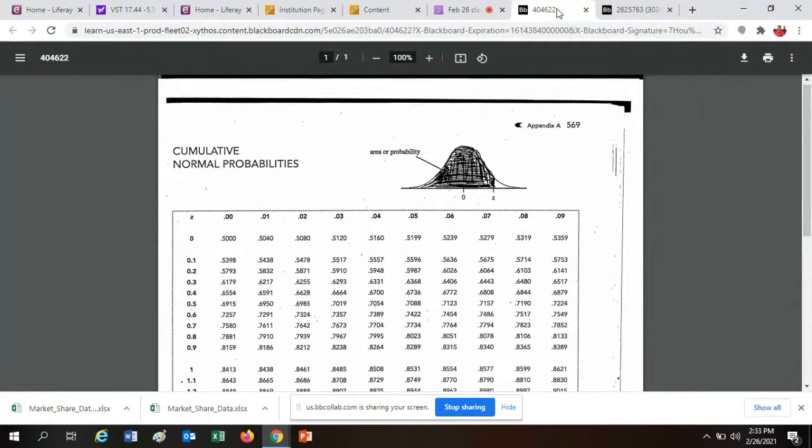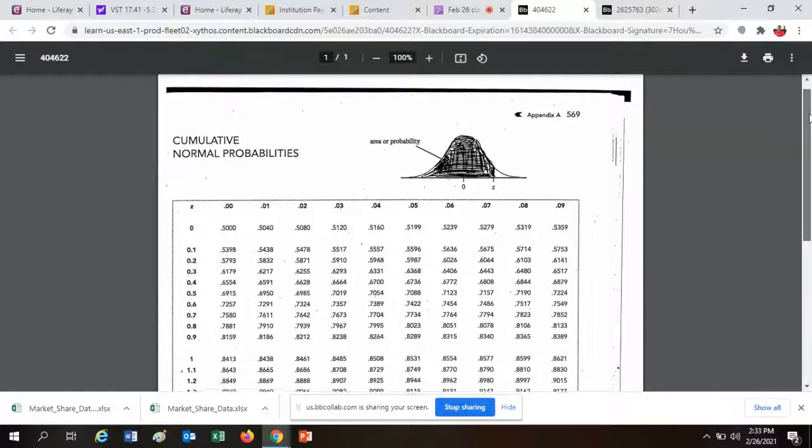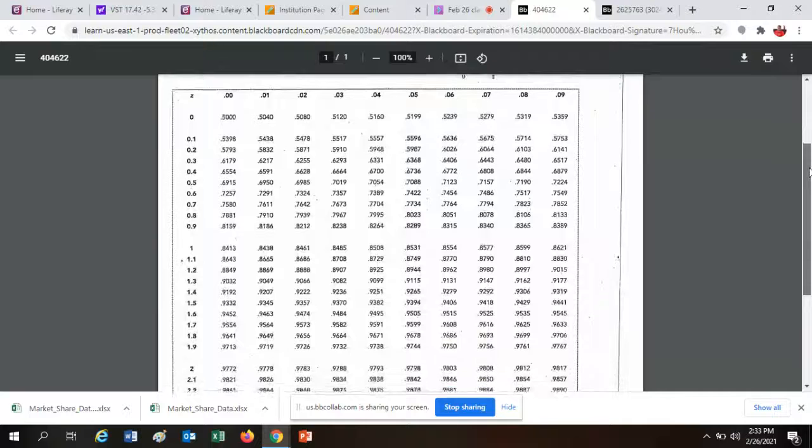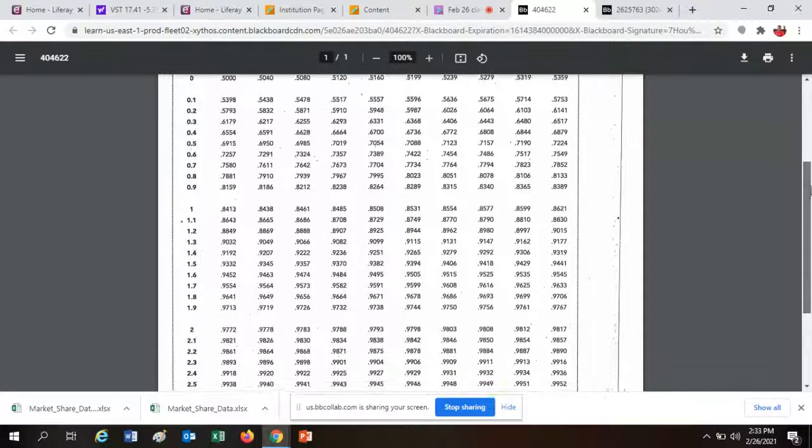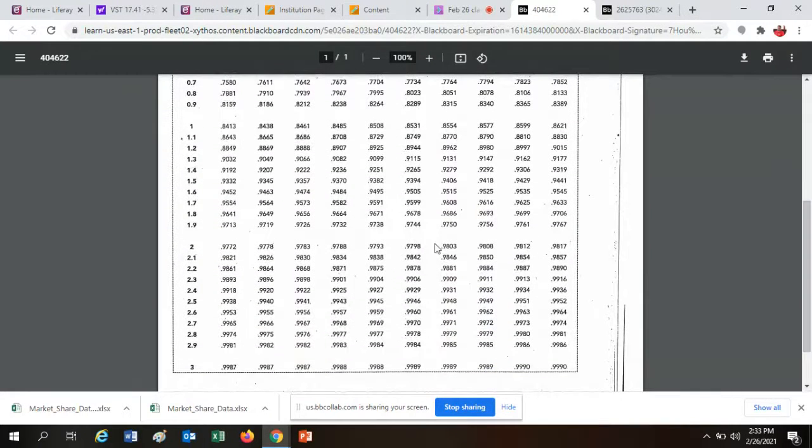So the first thing that we're going to look for is the purple number, the area all the way from minus infinity to the positive 2. Okay. So when we go down, down, down until we get to the 2's, the first one says 2 point and then it's blank. The one underneath it is 2.1, 2.2, 2.3.